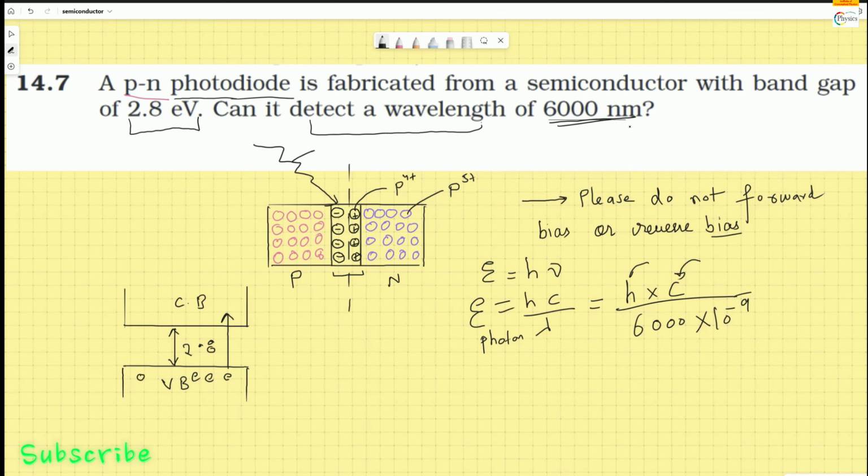Very simplest picture. Now, for a photodiode, the phenomena is that the photons have to strike the depletion region.